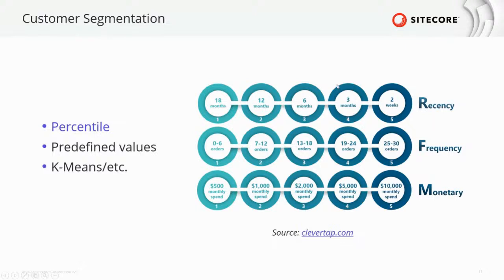As the second option, we can just have some predefined values, similar to what we have in this picture. As you can see, for example, we can split recency into buckets like 2 weeks, 3 months, 6 months, 12 months, and so on. And the last option, we can also use some machine learning clustering algorithms such as k-means.